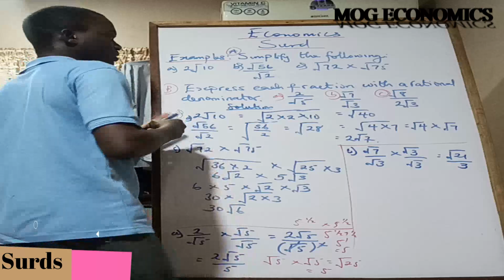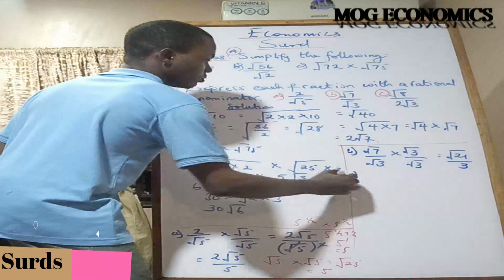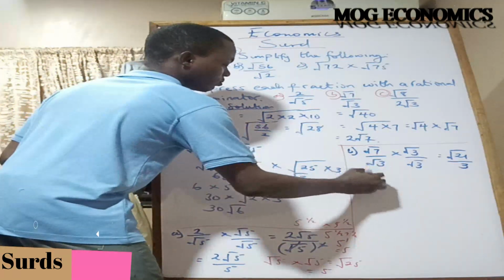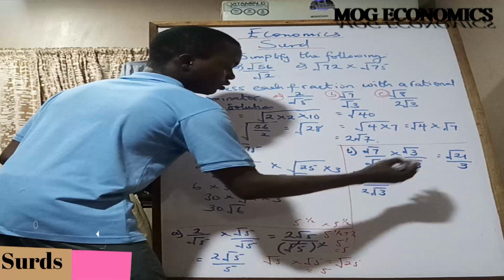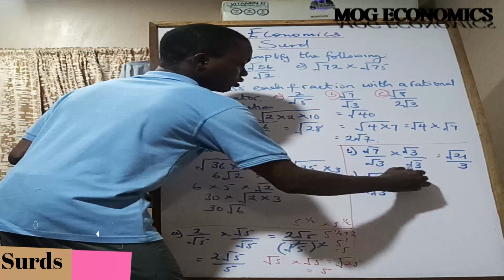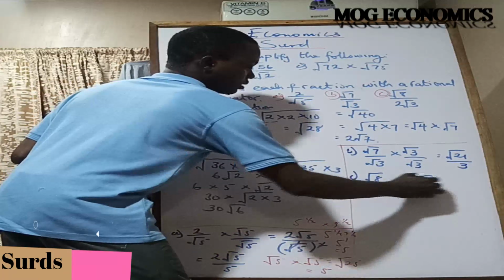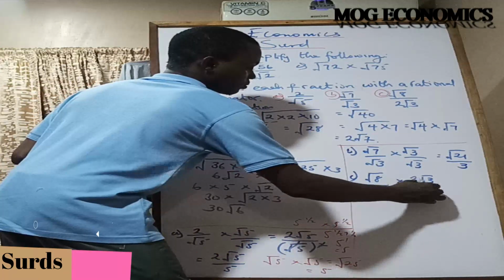So that's about that. Now for C, root 8 over 2 root 3, right? So you multiply by 2 root 3 divided by 2 root 3.